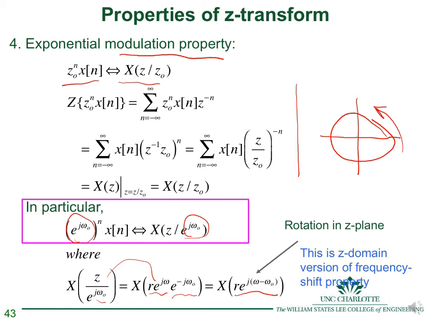This rotation in the Z plane would correspond to a frequency shift, because recall that the unit circle is a frequency axis. If you induce a frequency shift along the circular axis for the Fourier transform, that would correspond to a rotation.